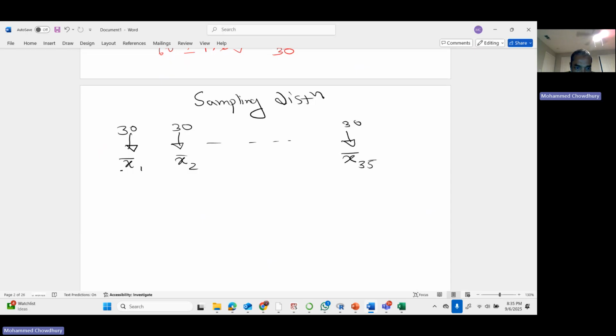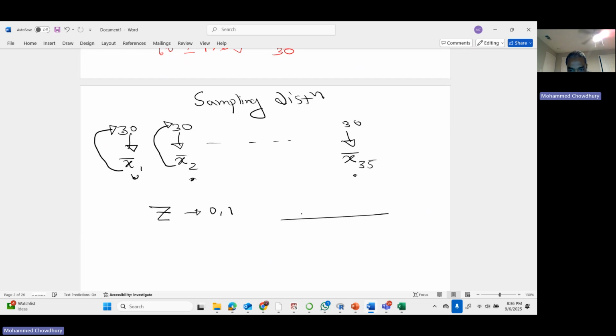This x bar 1 is the mean of a sample of size 30 of the manager salaries. x bar 2 is the mean of another sample of size 30 of the salaries of the managers. So this is the way. Now the question is how the distribution of x bar will look. So you know Z has a mean 0 and standard deviation 1.